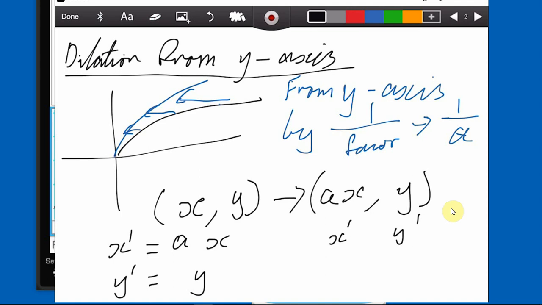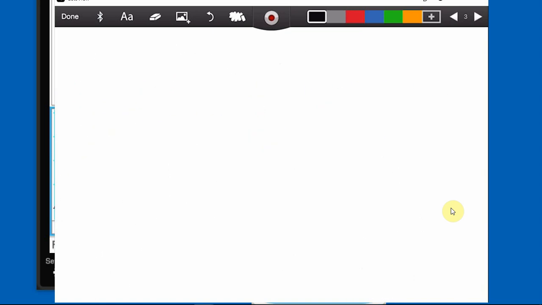So the one that we had was y equals root 2x, so that's a factor of half, so it brings it in.